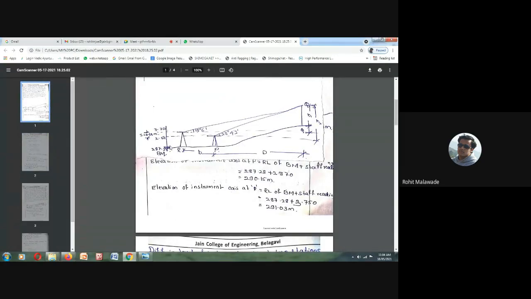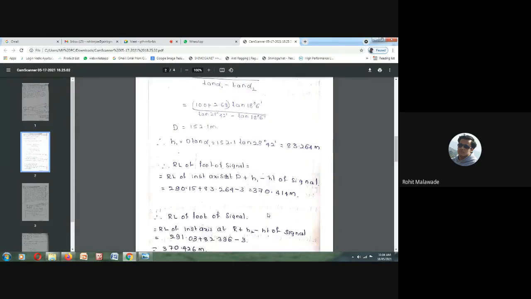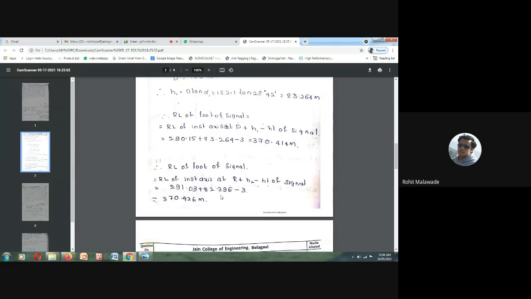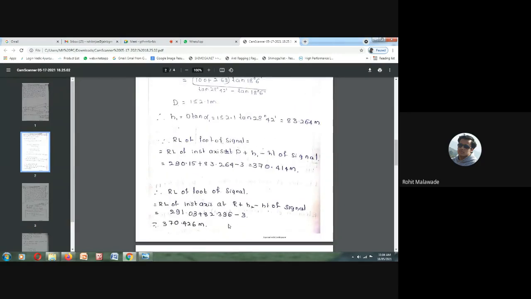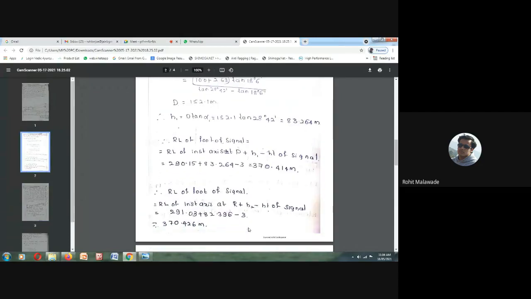The line of collimation height that we are going to have is 291.303, plus we are going to calculate D tan alpha 2. So we are going to get it as 82.396, minus 3. Okay, so this is how we are going to get the answer.